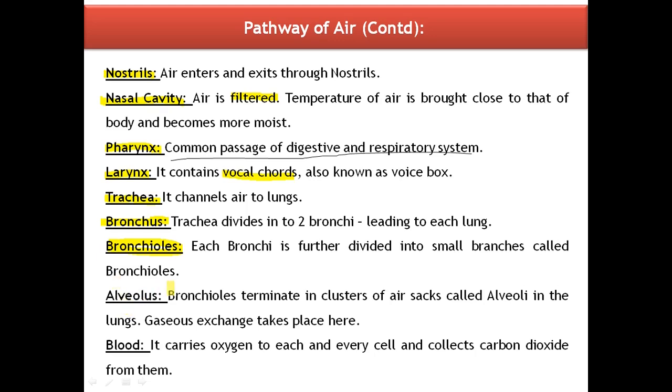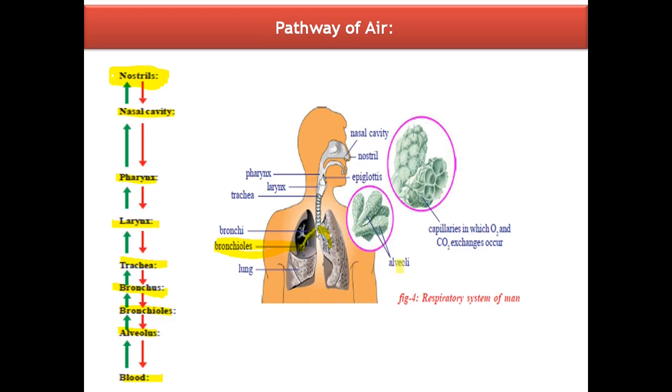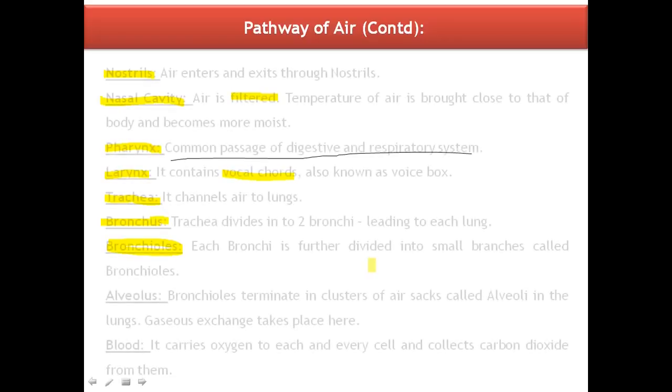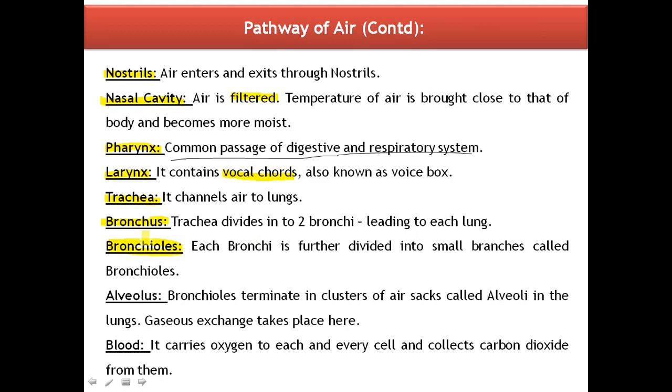Alveoli. The bronchioles terminate into clusters of balloon-like structures called air sacs or alveoli in the lungs. These are very small and numerous, and these are the functional units of the respiratory system. These are richly supplied with blood capillaries.